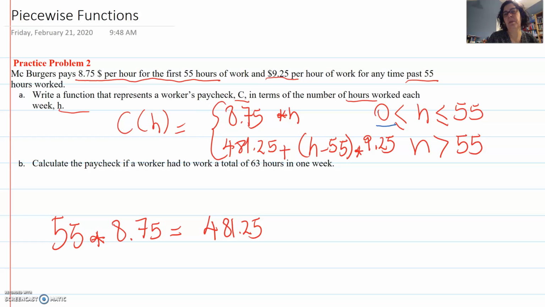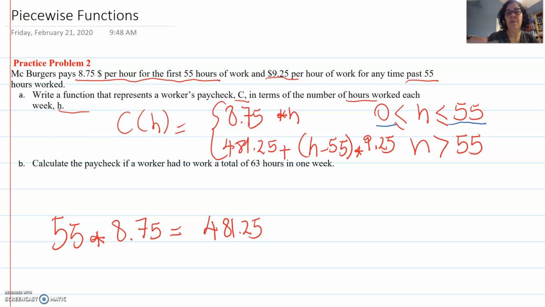A couple of things that we need to pay attention to. 0 must be included, 55 must be included. We cannot include 55 on the top and the bottom restriction, no. Because if the worker works only 55 hours, we need to know which rule we are going to apply.